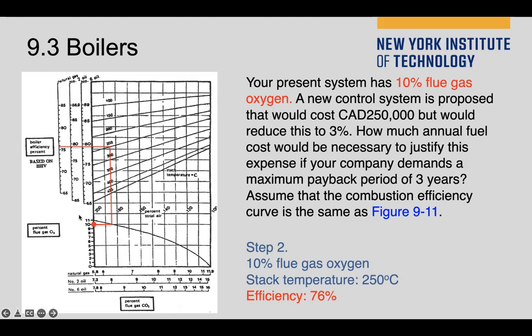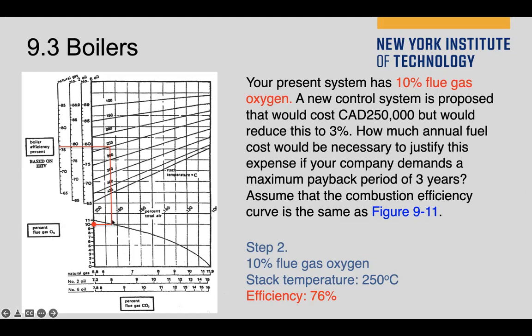So we study the axis. This axis is the percentage flue gas oxygen, and the question gives 10%. So at 10%, we draw a horizontal line. How far do we need to draw? We draw the line until it touches this curve, then stop.